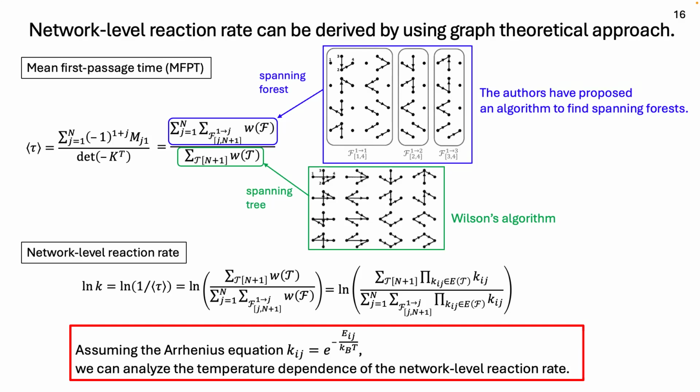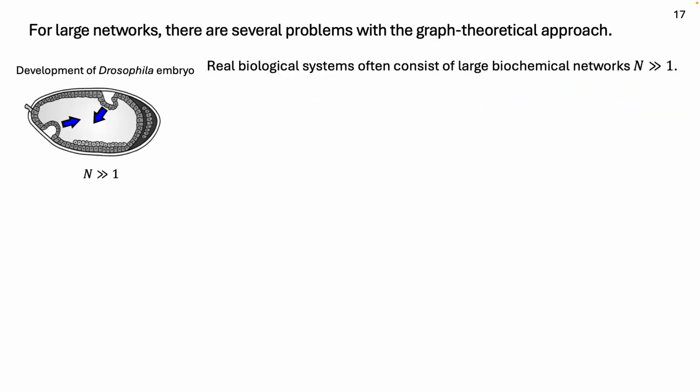Now we understand the graph theoretical approach is very useful, but there is a problem. Real biological systems often consist of large biochemical networks, maybe 100 or 1,000 species.